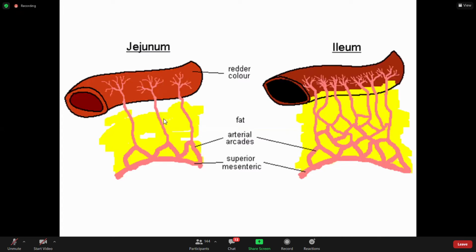And because of less fat content in jejunum, it will be easy to look through this mesentery because the density of the fat is less, and those areas with very little fat will be termed as windows. So basically the mesentery of your jejunum contains very little fat and is more translucent as compared to the translucency in ileum.